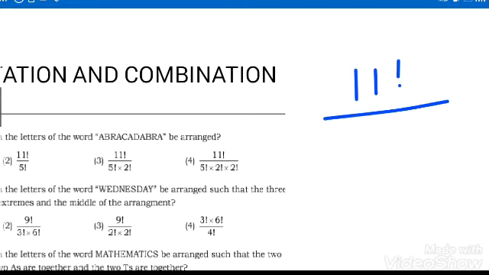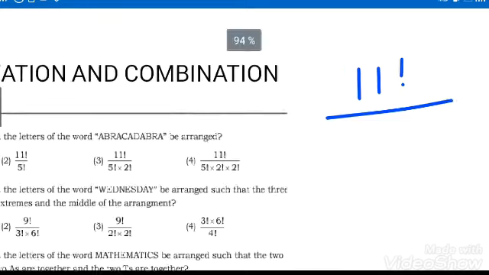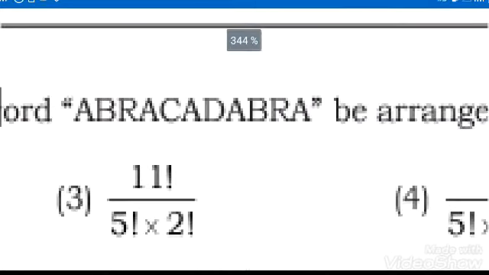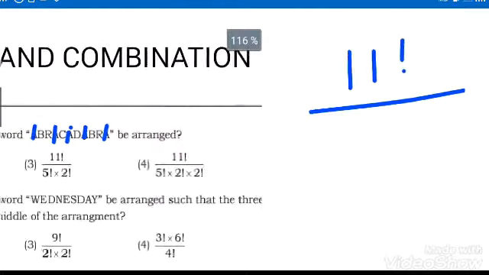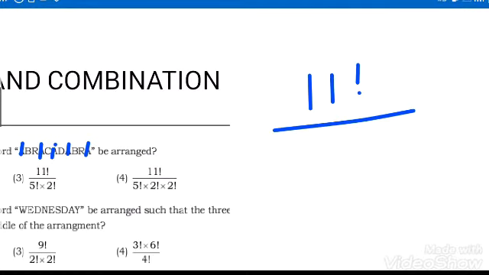Now we're going to look out for the repetitions. When you look closely, you can see A was repeated 1, 2, 3, 4, 5. A appeared 5 times, so that's going to be over 5 factorial. And let's look out for another repetition.